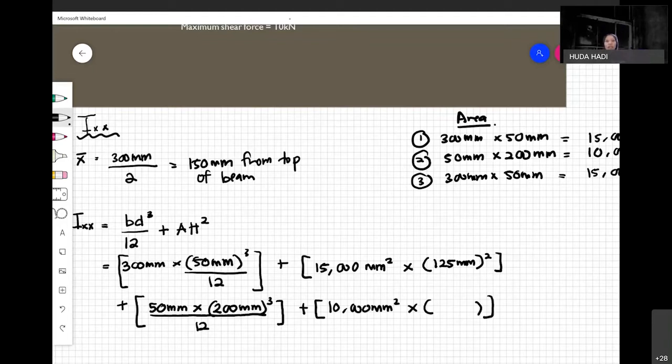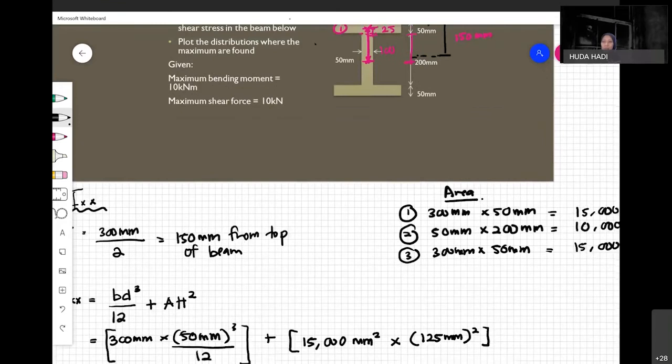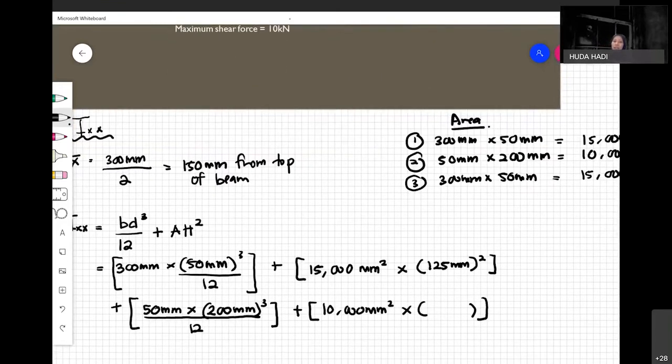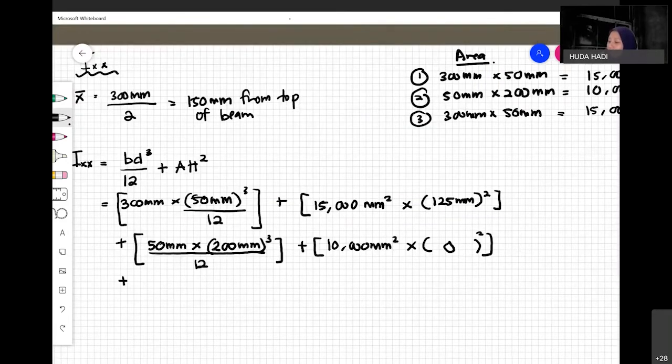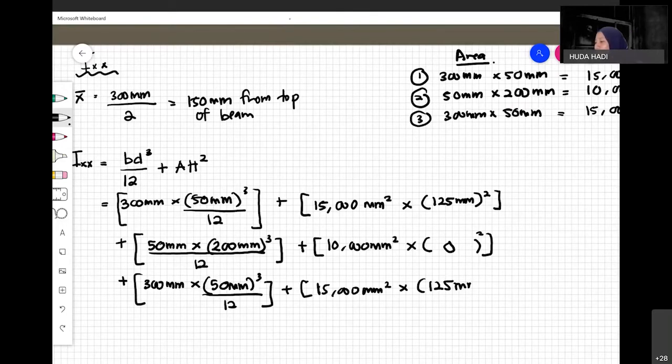So can you guess the value of H? Can you guess? Zero. Yes, correct, because the centroid for the second is also here. So the centroid for the whole section of the beam is at the same distance for the X axis. When the distance is the same, automatically there is no distance. And for the third rectangle, I'll just write 125.